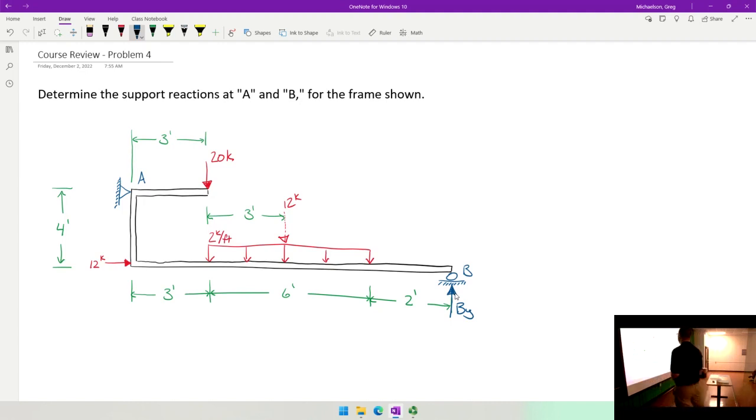I'm going to assume that the vertical reaction is also upwards, so we'll call that AY. What about the horizontal reaction, AX? What direction do you think I ought to assume that reaction is going to be? To the left. And probably the reason that you're saying that is because of that 12 kips.